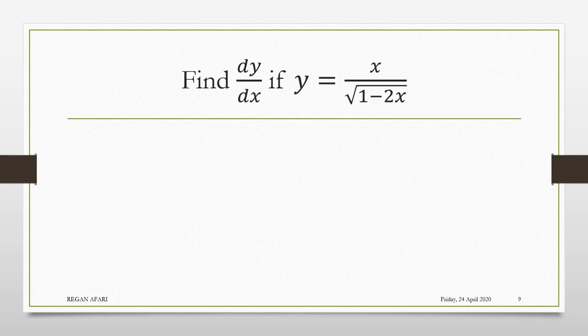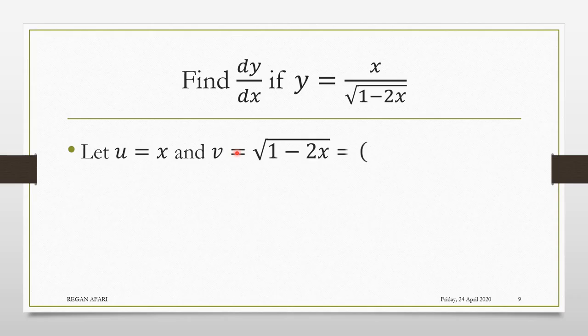Okay, all right. How about when you have this, where the square root is affecting the denominator? All right, so if the square root is affecting the denominator, then we let u be equal to the numerator and v be equal to the denominator.